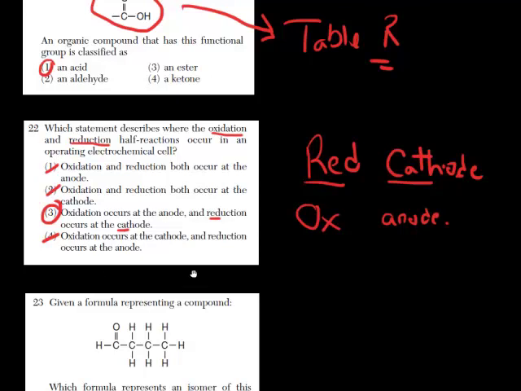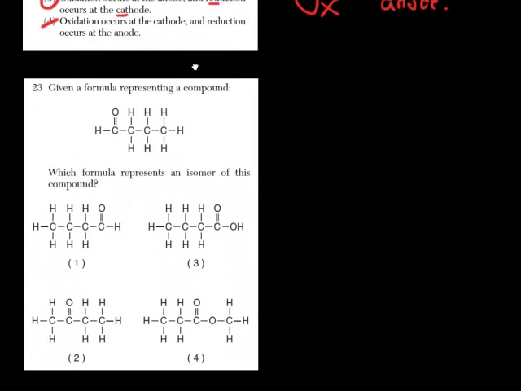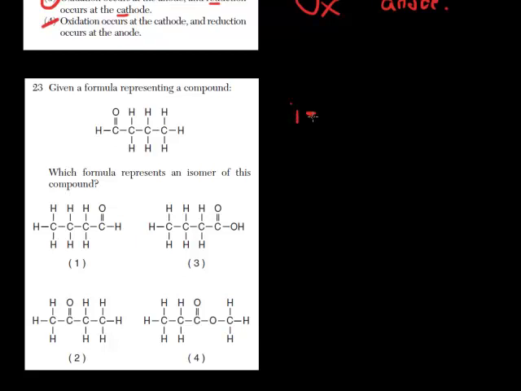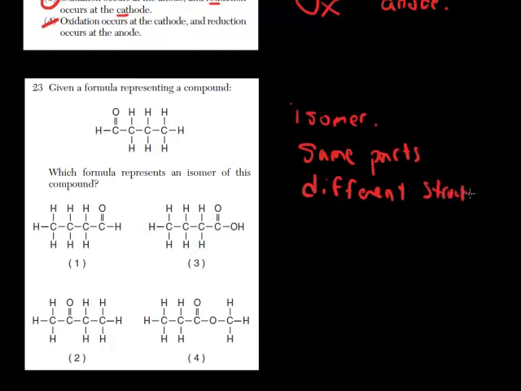Now we continue our discussion into organic chemistry, and we have question 23, which is asking you to find the isomer. What is an isomer again? Well, it has to have all the same parts, but a different structure. So let's count the parts.